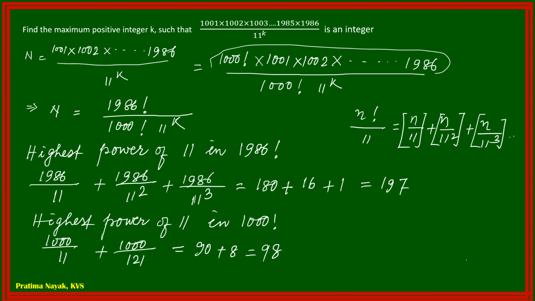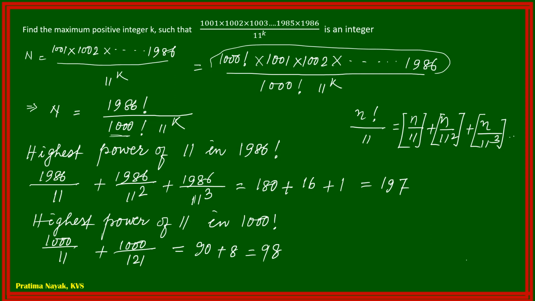So if it were only 1986 factorial divided by powers of 11, then we would have got 197. But since 1000 factorial is in the denominator, the quotient for it should be subtracted.